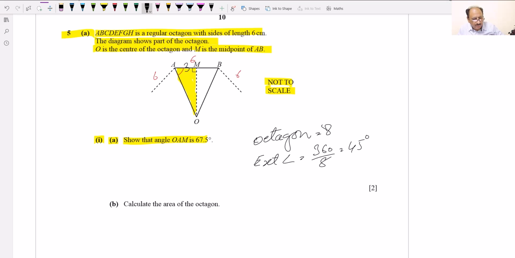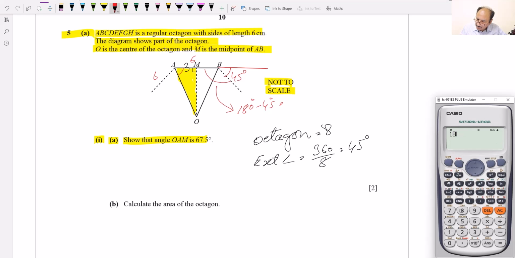Now we got this information which we calculated, that the exterior angle is 45. So if I show this angle, it is 45 degrees. So interior angle will be this one, and interior angle will be 180 minus 45 degrees, and 180 minus 45 will be 135.